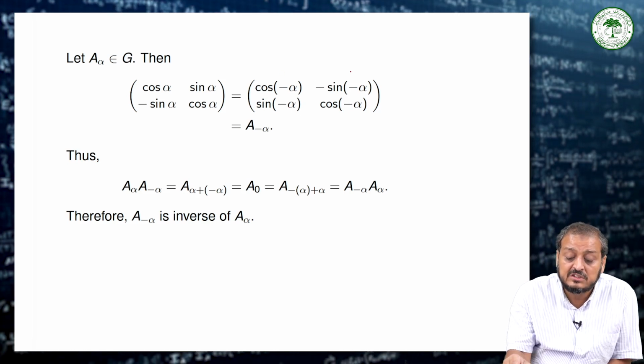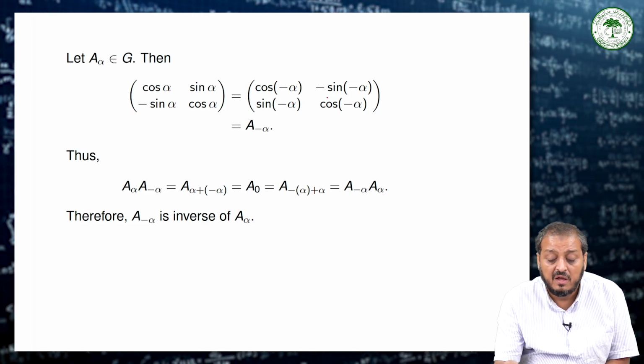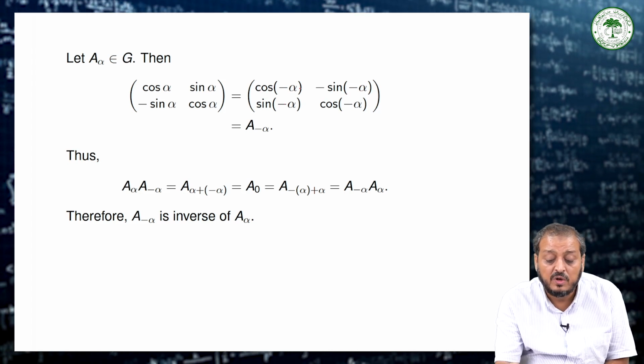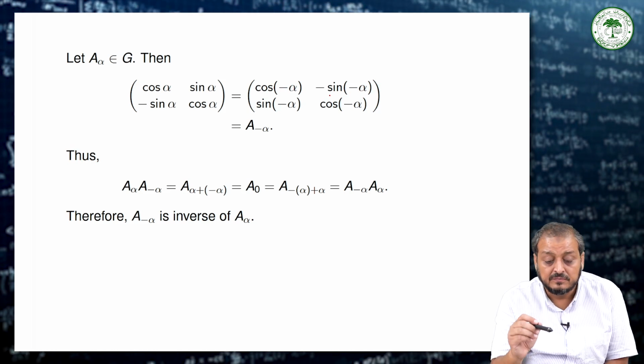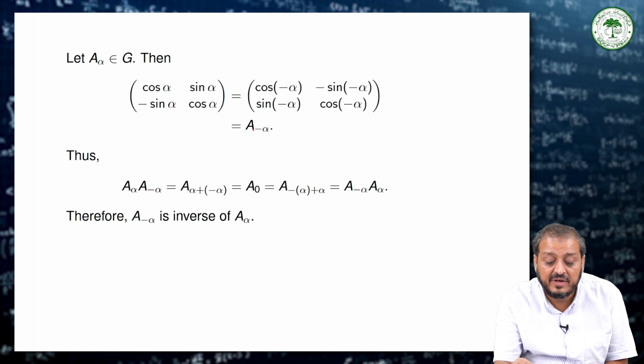Now this matrix is, clearly, cos of minus alpha is cos alpha, and this is nothing but what we get if we replace alpha with minus alpha in our set G, so we can say A of minus alpha.